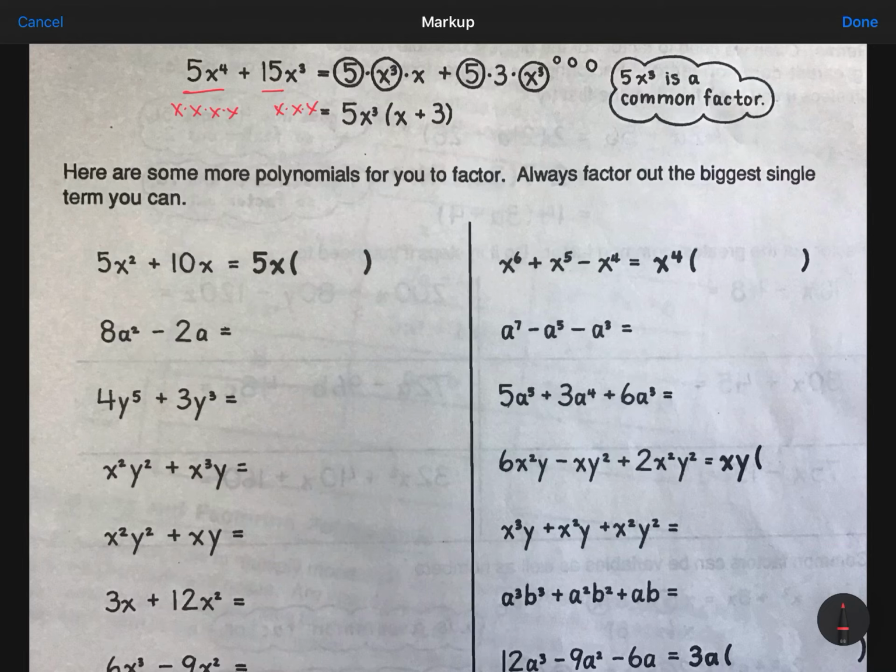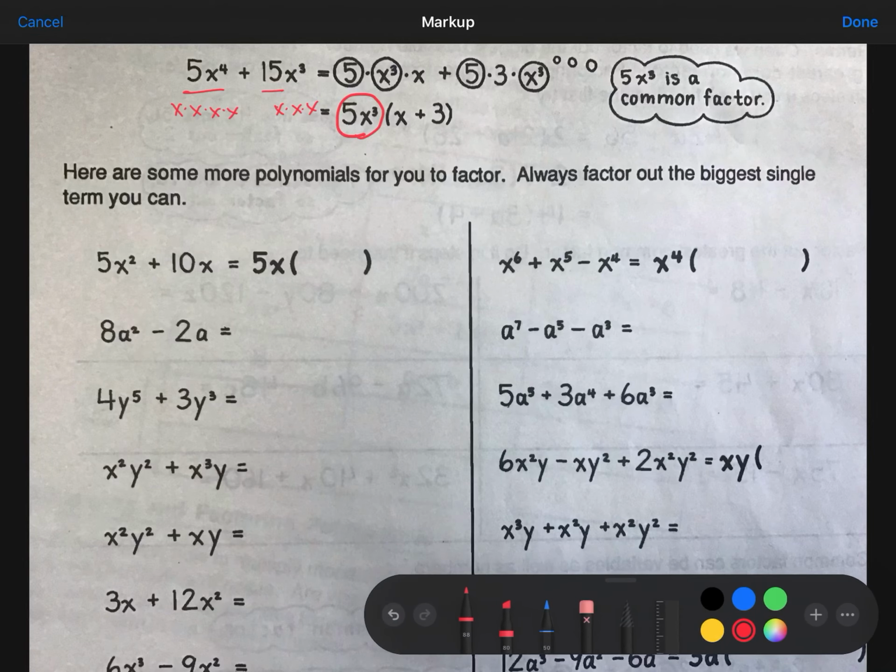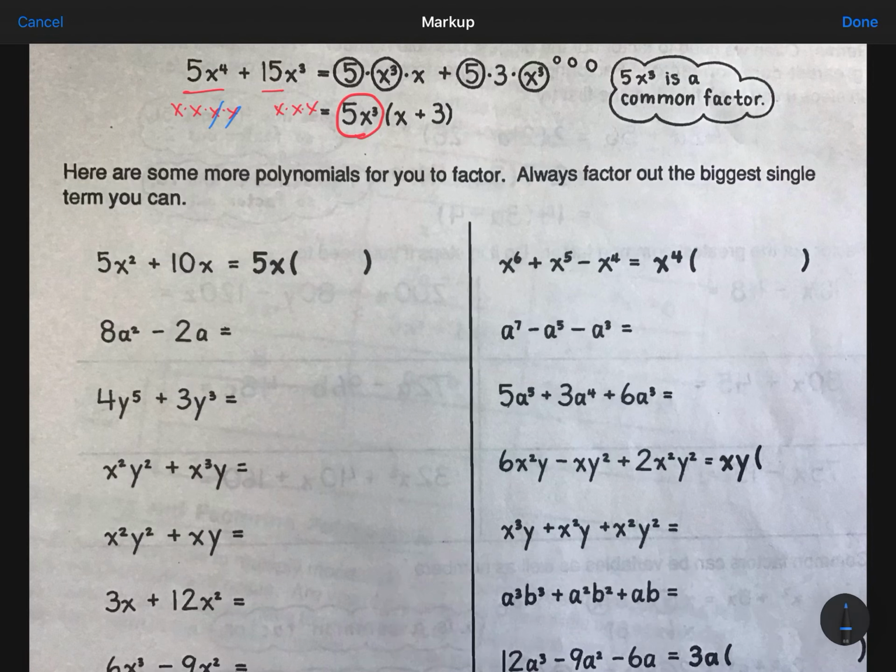So that's what they did. They took out 5x to the third, and what was left, once they did that, was 1x, and of course the 3 after they divided out the 5 from the 15.